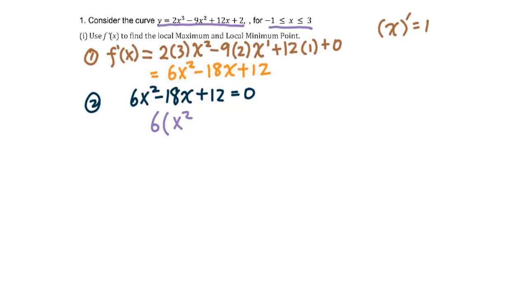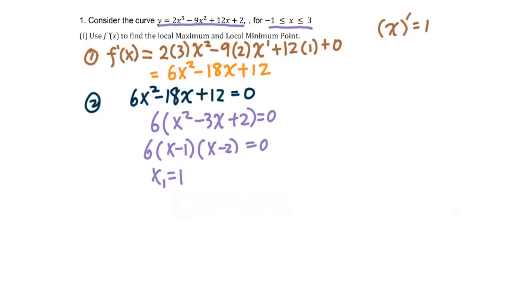You will get x squared minus 3x plus 2 equals 0. So you have x minus 1 times x minus 2 equals 0. So x1 equals 1, x2 equals 2.